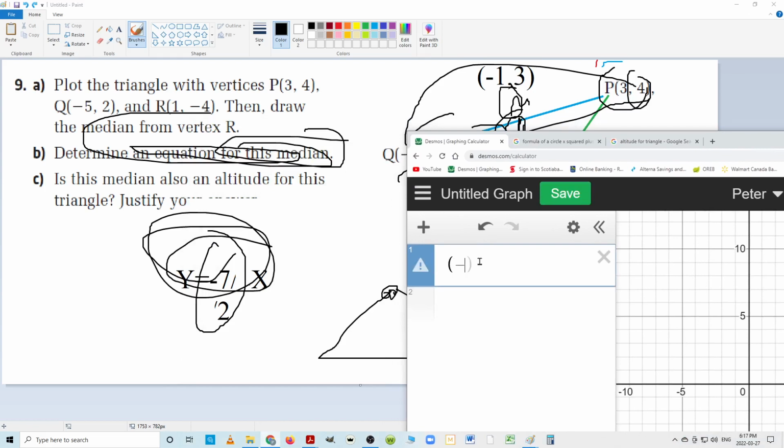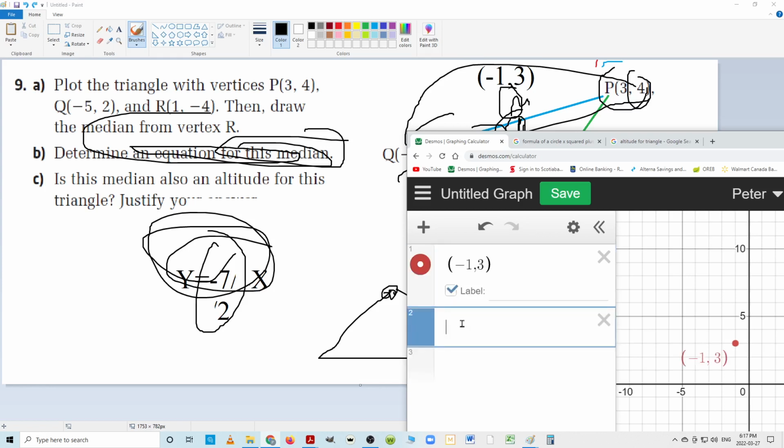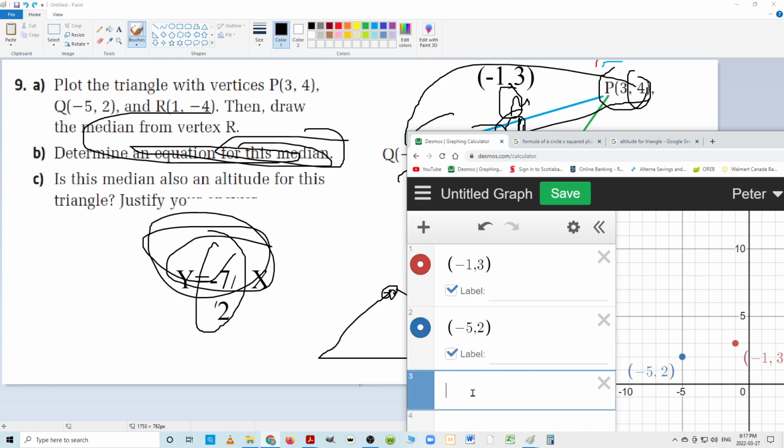So I got minus 3, comma 1 as my median point. I've got minus 5, comma 2 as another point. And keep in mind you're only going to be doing it quickly on graph paper. And I got 1, minus 4 as another point.